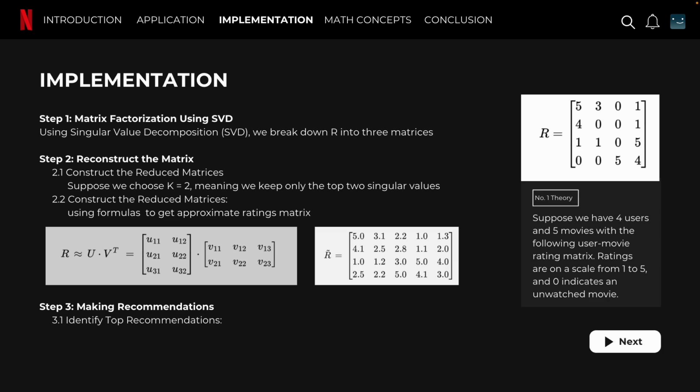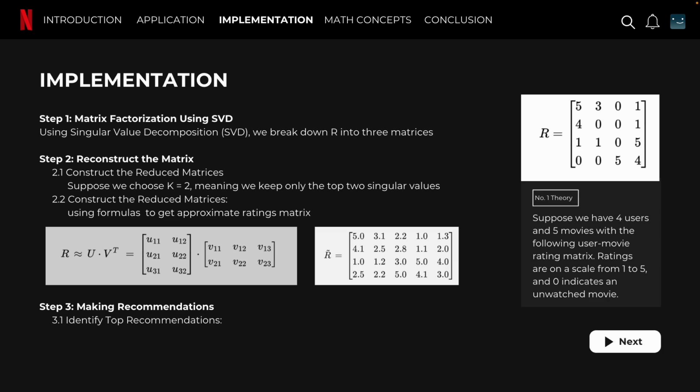Suppose we choose k equal to 2, meaning we keep only the top two singular values. The second is to use the formula to get an approximate ratings matrix R. Step 3 is making recommendations. First is to identify top recommendations, using the reconstructed matrix R to identify the top movie recommendations for each user.